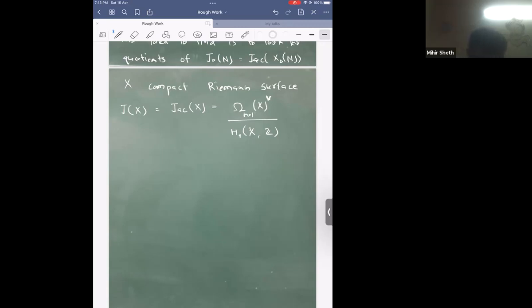You will get some complex number, and that's the map from the differential forms to complex numbers. Okay, all right. So this is the definition of the Jacobian of X. Clearly, this is an abelian group, but it also has a complex manifold structure. You can view this as a complex torus.